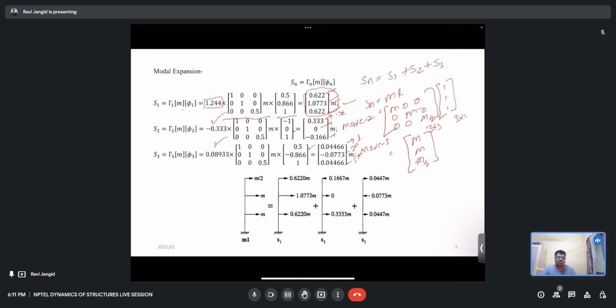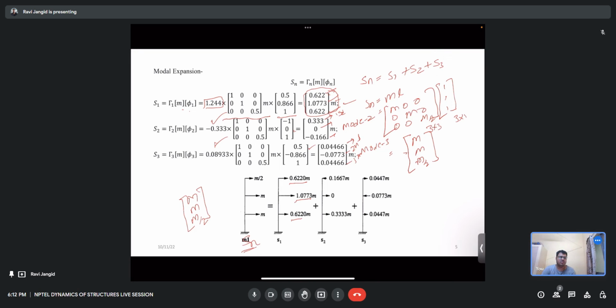Okay, so I have shown in the figure, this is the overall Sn which I have calculated here, m, m, m by 2, and that is distributed in the three modes, the overall model expansion in each mode. So that is 0.622, like for the first mode 1.073, 0.622.